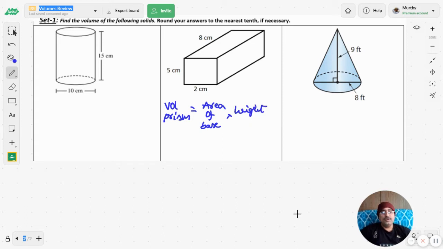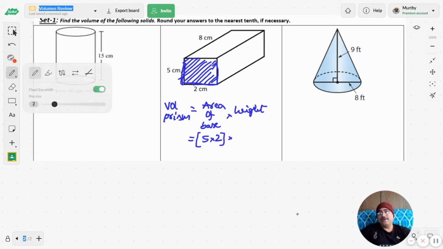You can take any base, for that matter even this part can be considered as the base. This is in the form of a rectangle 5 centimeters long and 2 centimeters wide. The area of a rectangle is length times width, therefore 5 times 2, and then the height. Here the question may arise whether this represents height or not.